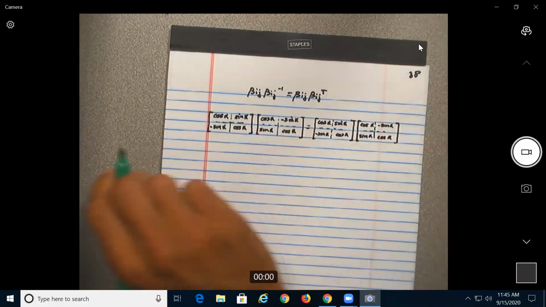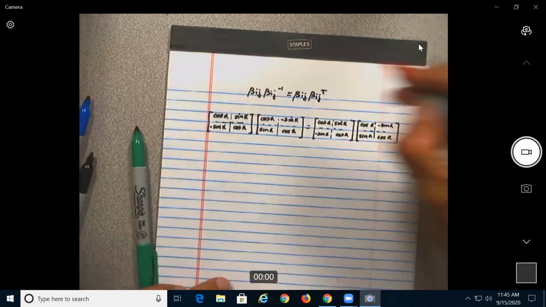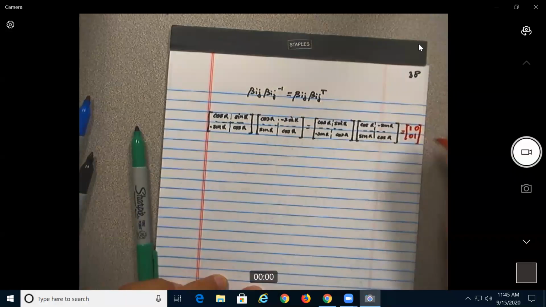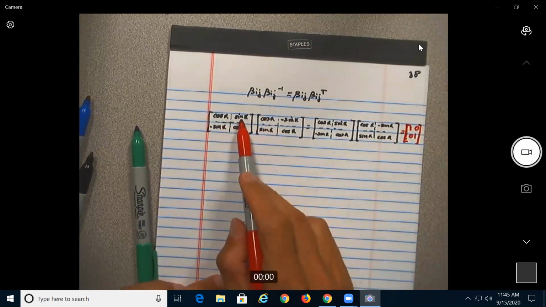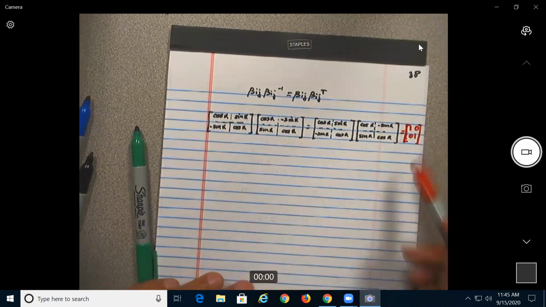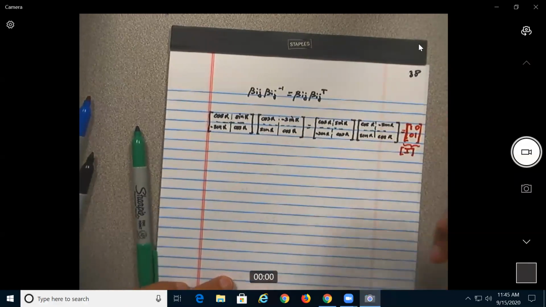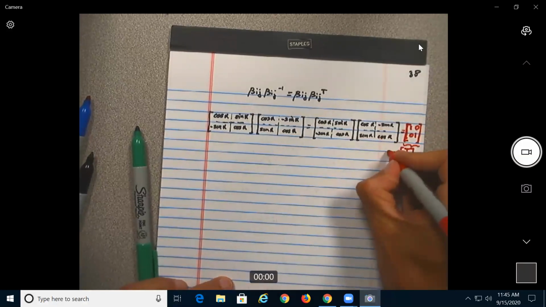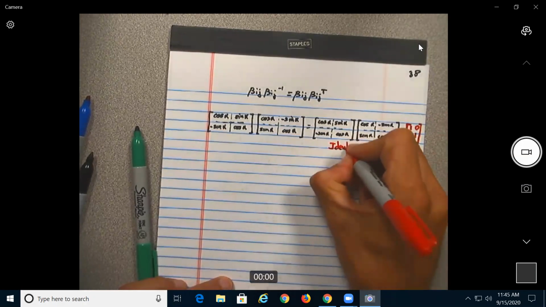What's important to know is that these two matrices multiplied will be equal to 1, 0, 0, 1. Because if you do this, you get cosine times cosine plus sine times sine, so you get 1, 0, 0, 1, which is the identity.